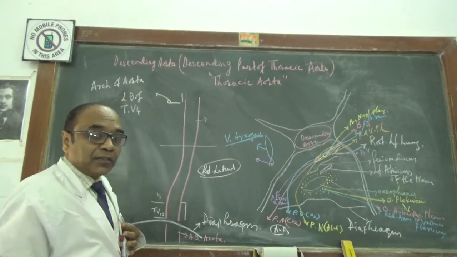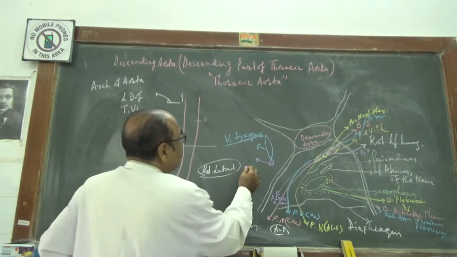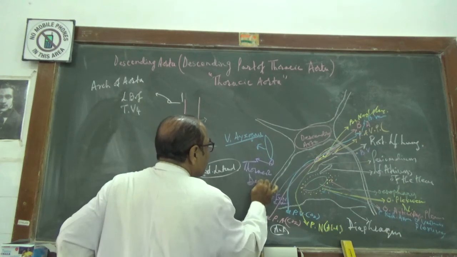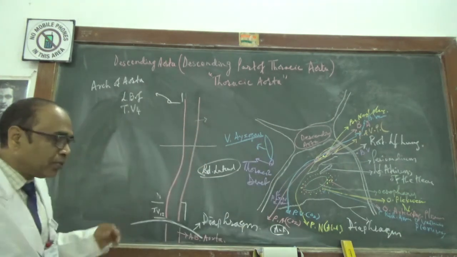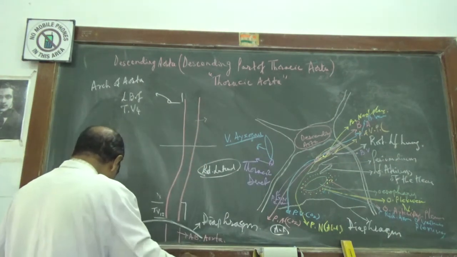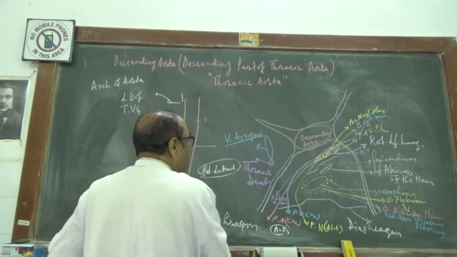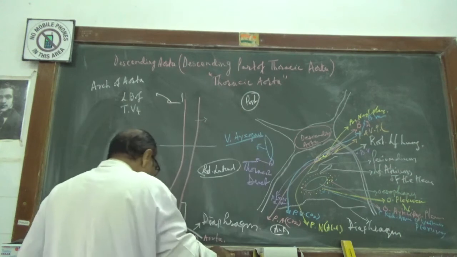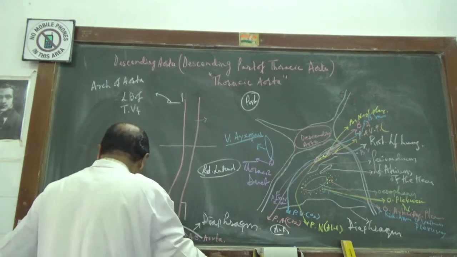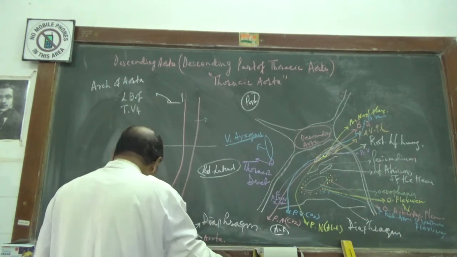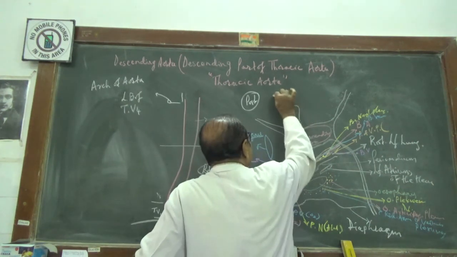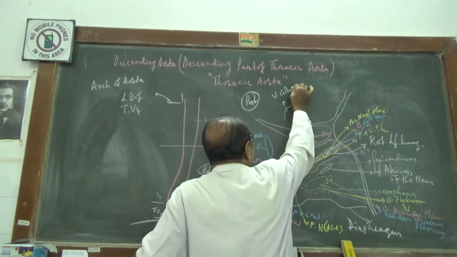That lymphatic trunk is nothing but the thoracic duct. Now you will have the posterior relation. Posteriorly you will have the vertebral column. So this is the vertebral column.